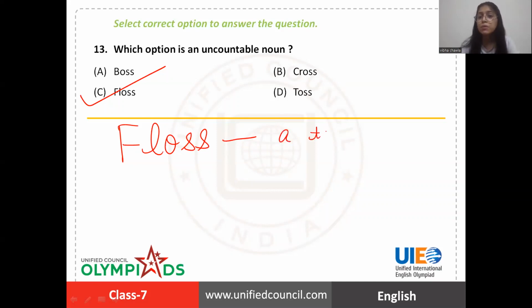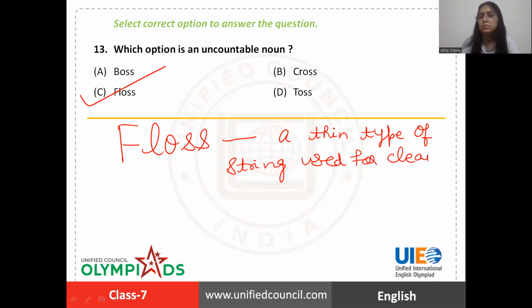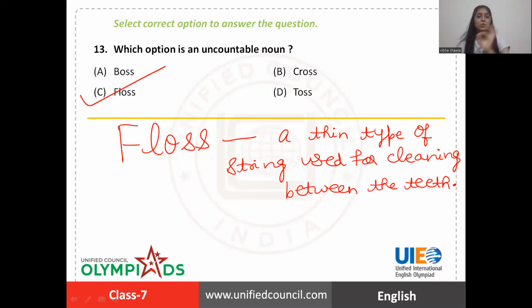It's a thin type of string used for cleaning between the teeth. So that is floss, a string used for cleaning between the teeth. And it is an uncountable noun. So the right one is option C. Rest all are countable nouns.